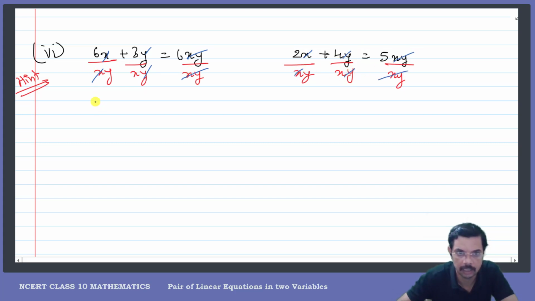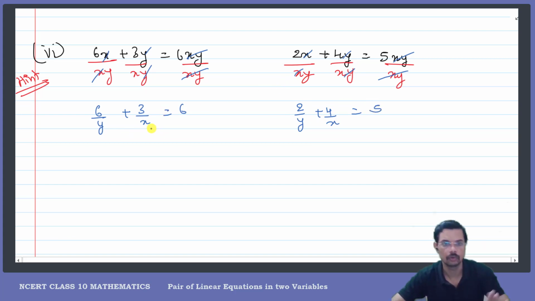The equations remain as 6 by y plus 3 by x equal to 6. And the second equation will be 2 by y plus 4 by x equal to 5. Correct? Now you know 1 by x equal to a, 1 by y equal to b, and proceed further. Clear?